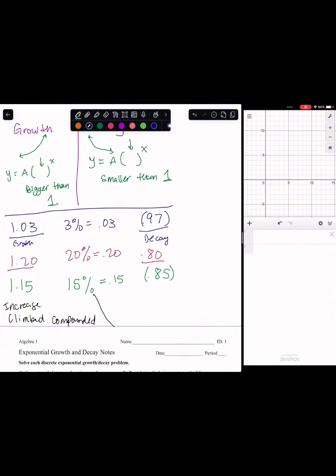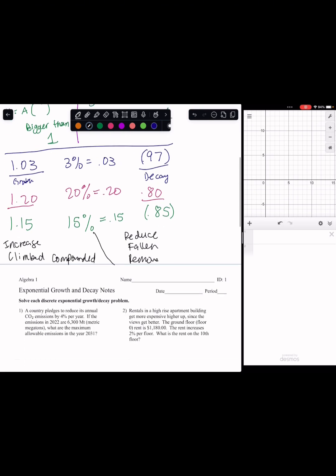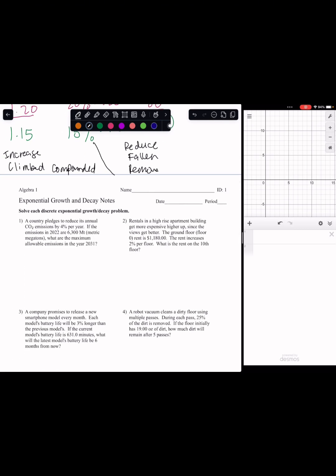Those are all growth words. Decay words, you might see stuff like reduce. You might see words like fallen. You might see words like removed. All those words signify that something is going down. Reduced, fallen, removed, all that stuff. Okay, now let's go ahead and answer these questions.